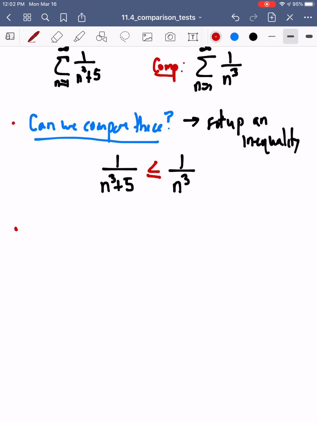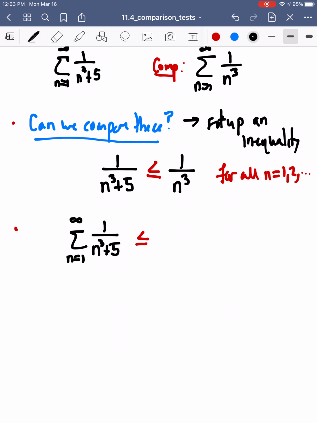So what we've just shown basically is, for all n, this inequality is true, as in n equals 1, 2, and so on all the way to infinity. Well, if this is true for all these n's, we can then say the original infinite series, 1 over n cubed plus 5, that sum has to be less than or equal to the sum of the series on the right-hand side.